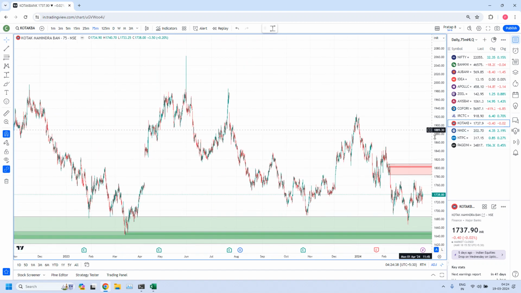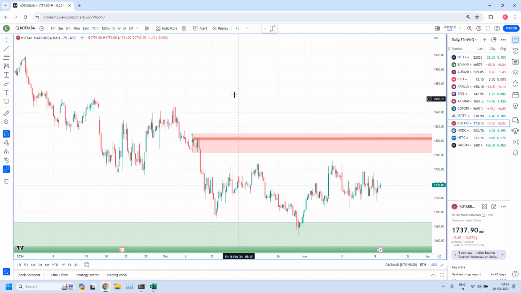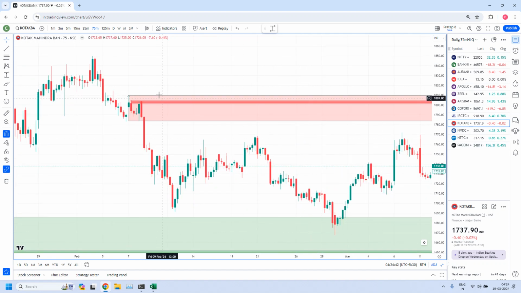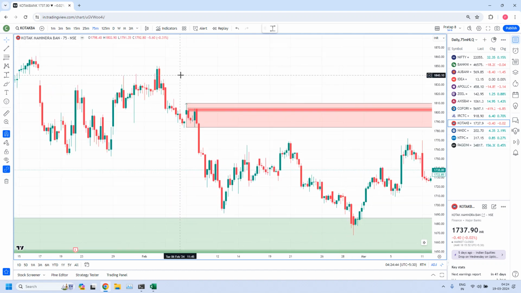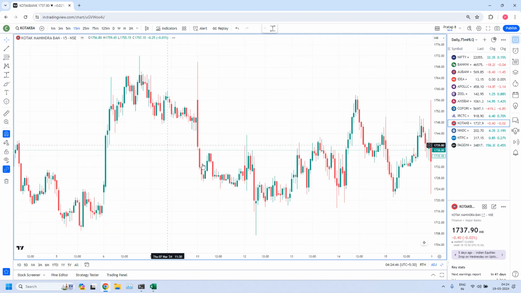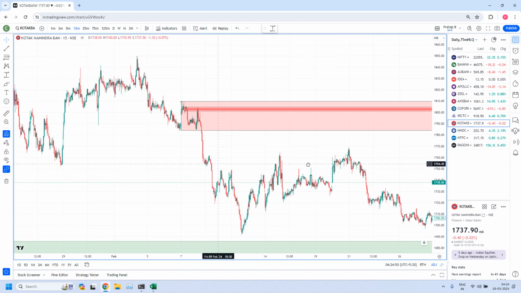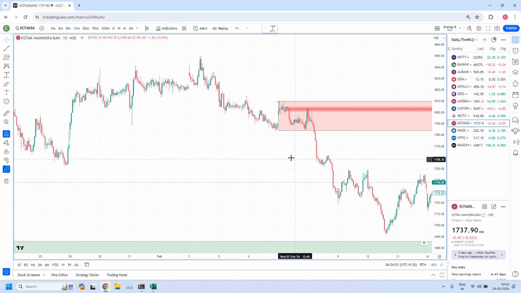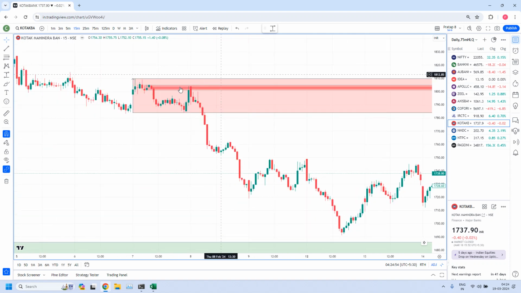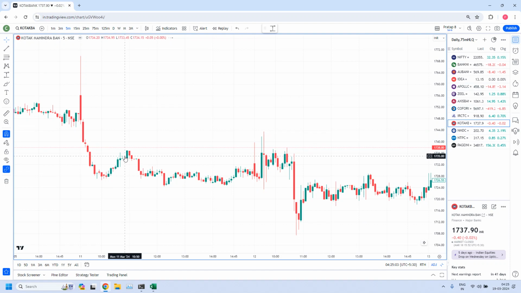Okay, for us it is a supply zone, high liquidity supply zone. So we have a 75 minute zone. Inside 75 minutes we have a 15 minutes zone. We have a drop, 4 base candles and a drop. And inside that 15 minutes we have drawn the 5 minute zone.